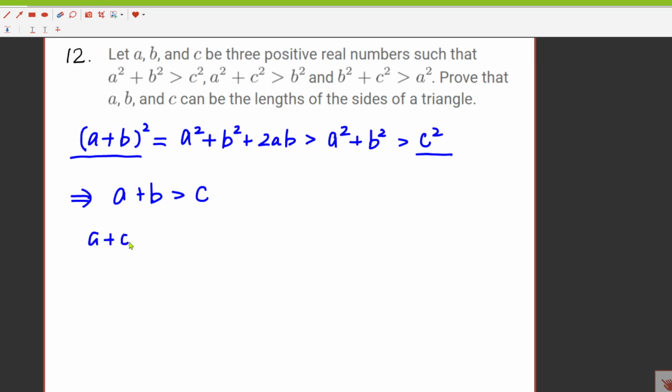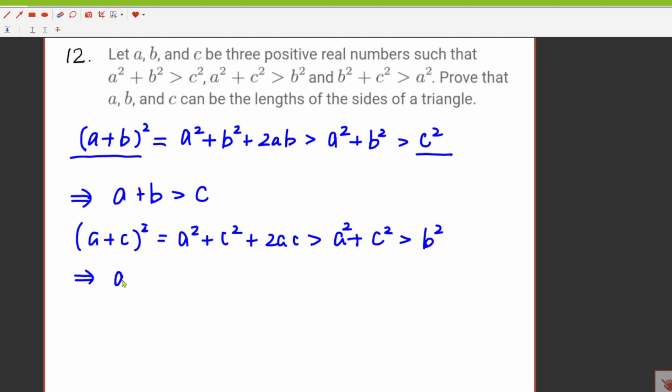Similarly, a plus c squared is a squared plus c squared plus 2ac, which is greater than a squared plus c squared. And according to the given information, this is greater than b squared. And again, we take the square root of both sides of the inequality. This gives us a plus c is greater than b, right?